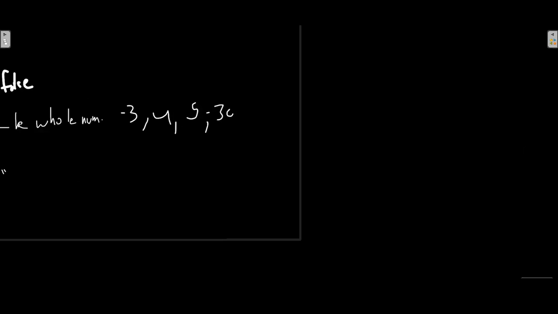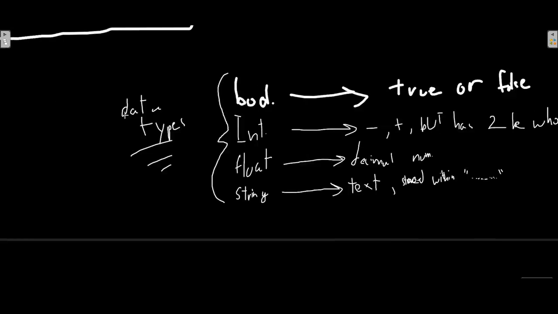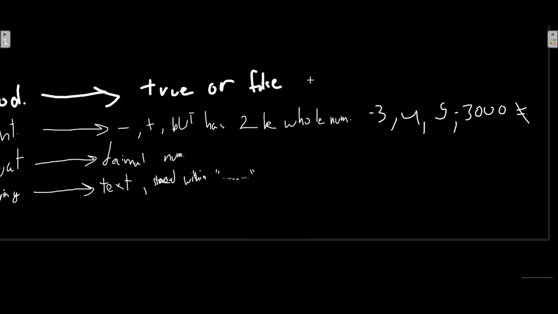It could be anything, but it cannot be a decimal. Do not confuse that. If you confuse it with decimals, then your program will not run. But that's an integer. A Boolean is just true or false. You have to memorize that.